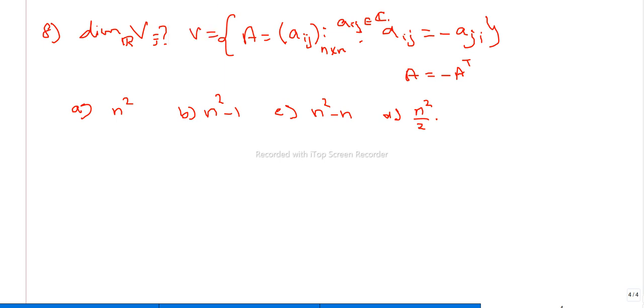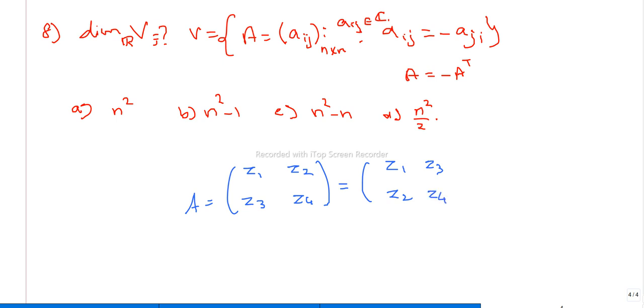If you take a 2 by 2 matrix, suppose A has all complex entries Z1, Z2, Z3, Z4, where the Zs are complex numbers, and this should be equal to minus the transpose. The transpose has Z1, Z3 on the first row and Z2, Z4 on the second, but with the minus sign everything is negated. Comparing coefficients, Z1 should be equal to minus Z1.